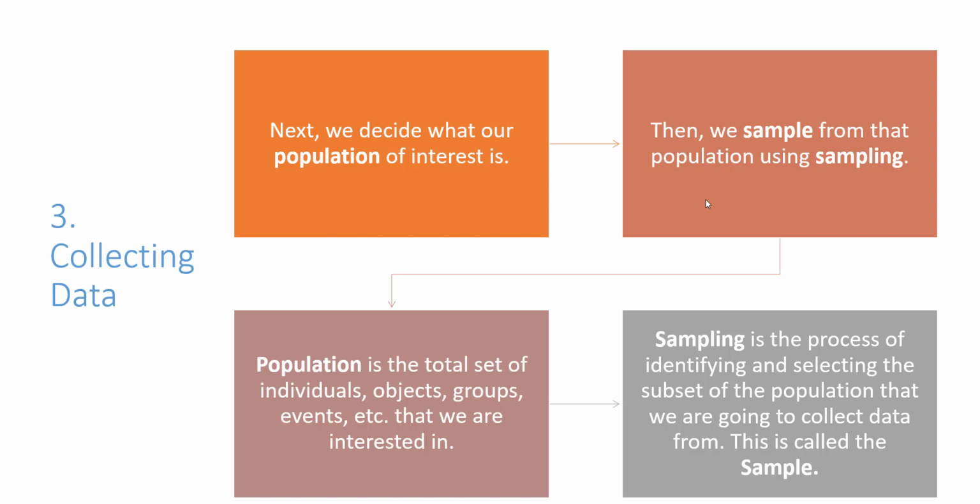So an example of this would be if my population, say, is students at Cal State Long Beach or Cal State Fullerton, then I could go and ask every student at Cal State Long Beach or Cal State Fullerton, but that is probably going to be very onerous. Instead, I am more likely to take a sample and use sampling.